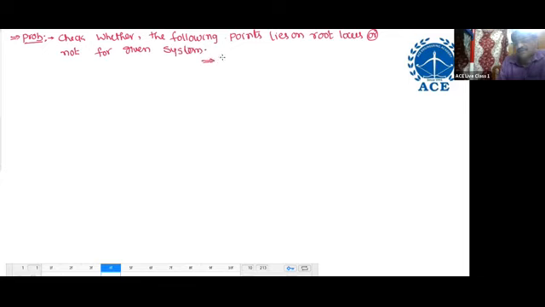G of S, H of S equal to K by S into (S plus 5) into (S plus 10). First point, take S equal to minus 3. Second point, take S equal to minus 7.